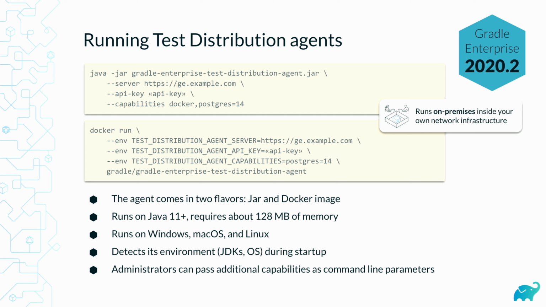It runs on Windows, macOS, Linux, and it does some environment detection during startup, like detecting installed JDKs, for example. And then there's also some requirement-capability label model that lets you add additional functionality to this. And this was released in 2020.2, the initial release, where we released test distribution to the public.